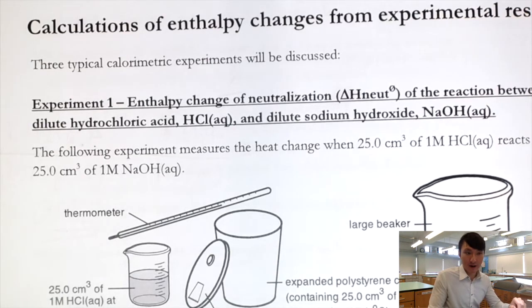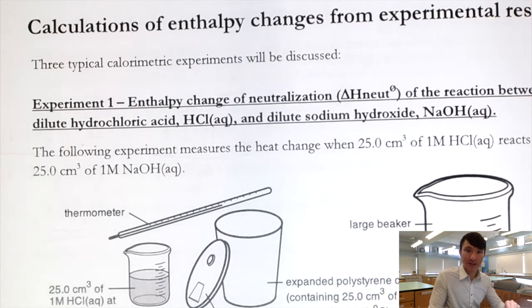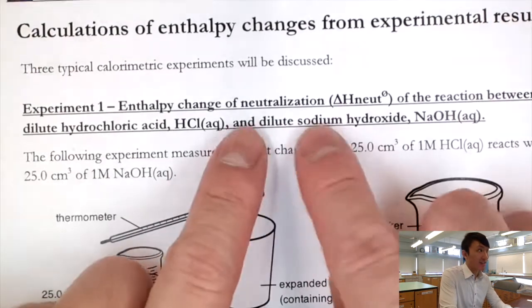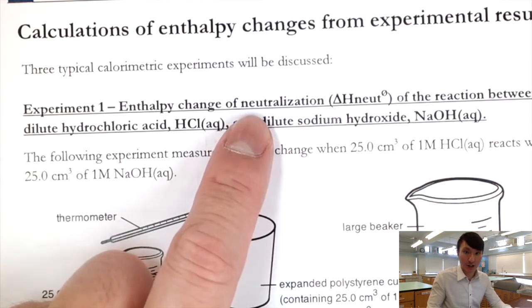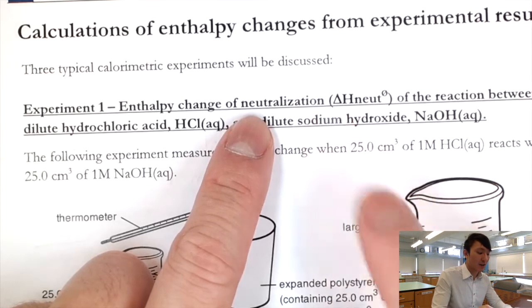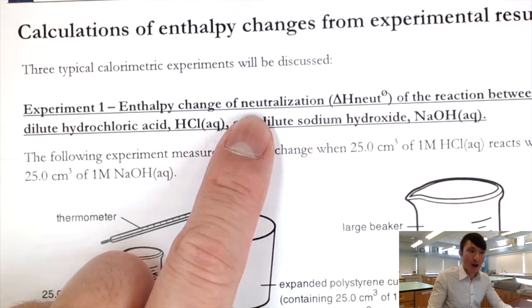Now remember that for enthalpy change we are expressing the energy per mole of reactant or per mole of product produced. In this case, neutralization, if you remember the definition, is the energy released when 1 mole of water is formed.